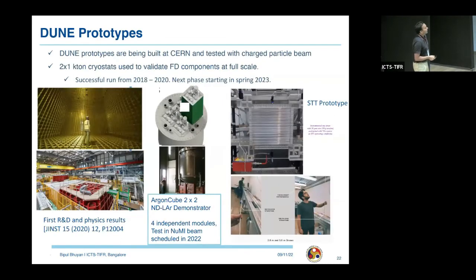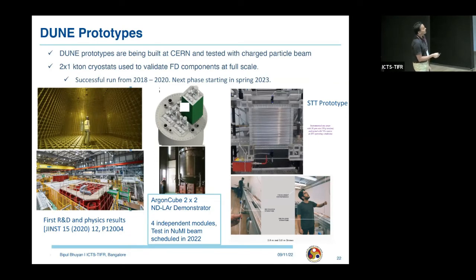Okay, so there's the status of the prototypes. DUNE prototypes are already being built at CERN, and these are being tested with a charged particle beam. In fact, we have already built two 1-kiloton cryostats, and these are being used to validate the Far Detector components at full scale. Remember, we have to build them 17 times larger than whatever we have been doing so far.